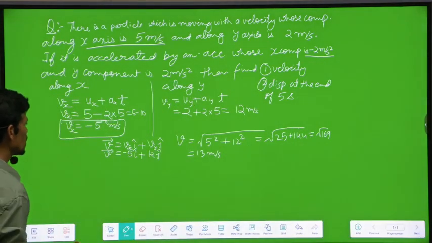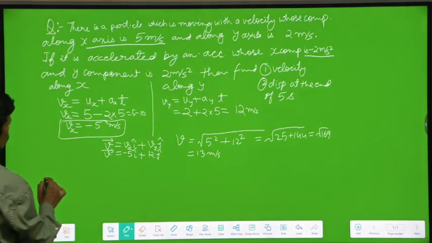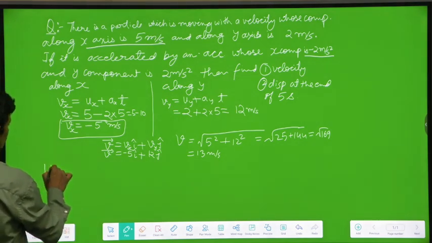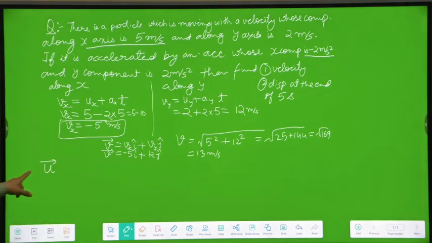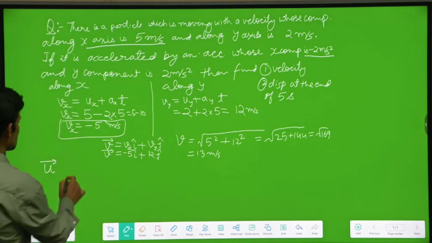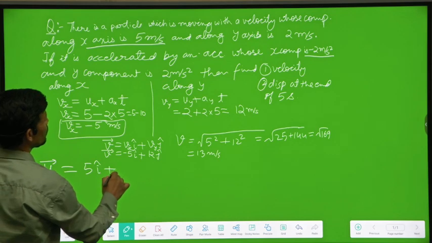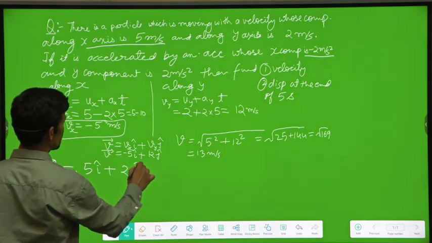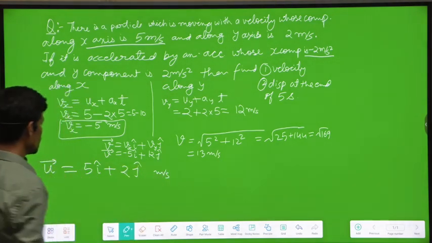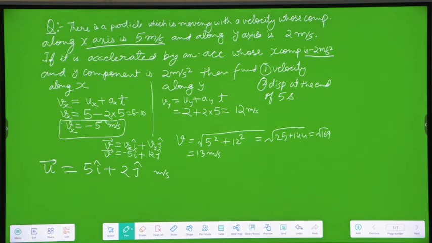But what else can we do? We can do it directly also. If I write initial velocity vector as 5 i cap plus 2 j cap meter per second, it is much better to understand.